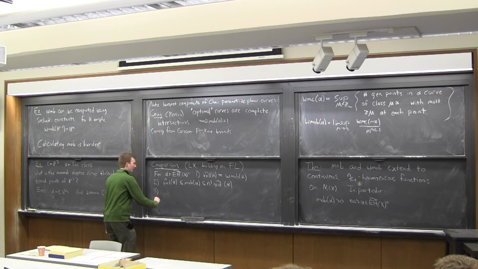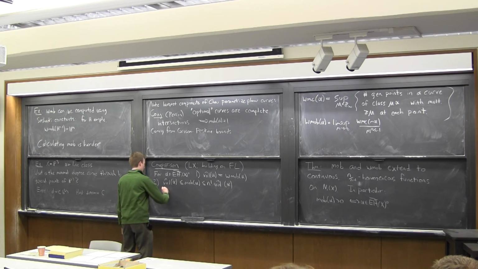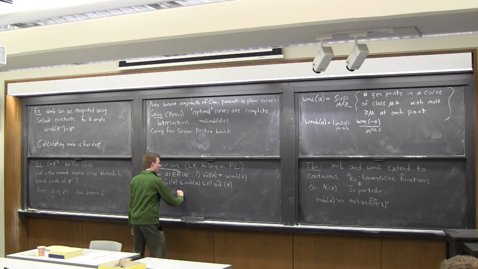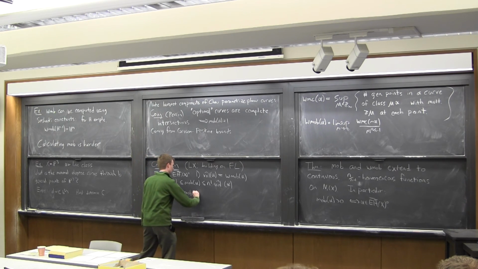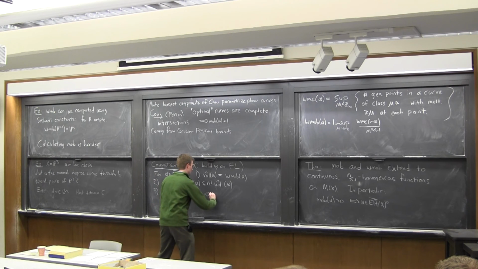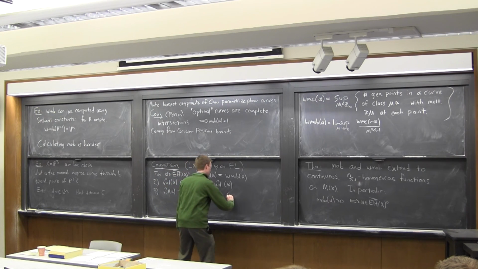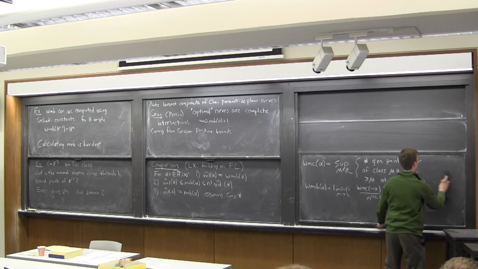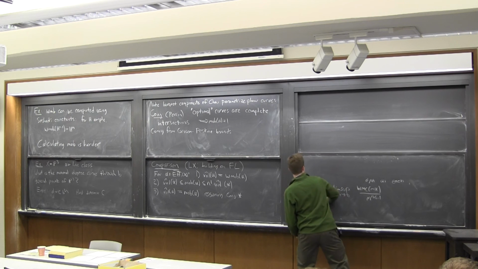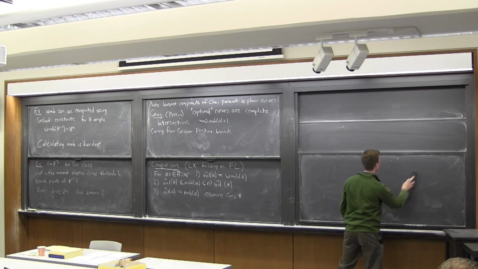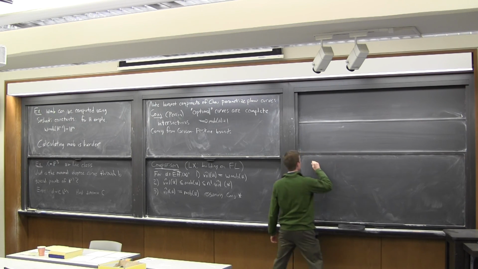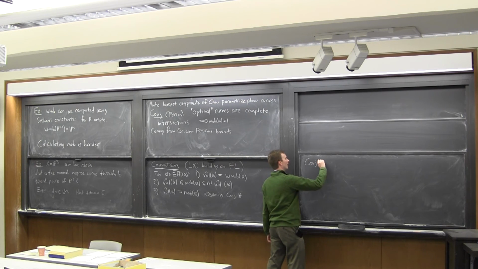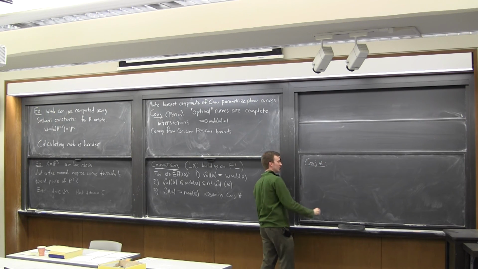But third, they're actually equal if we assume a special case. So what is this special case? Conjecture star is essentially the special case of a complete intersection.